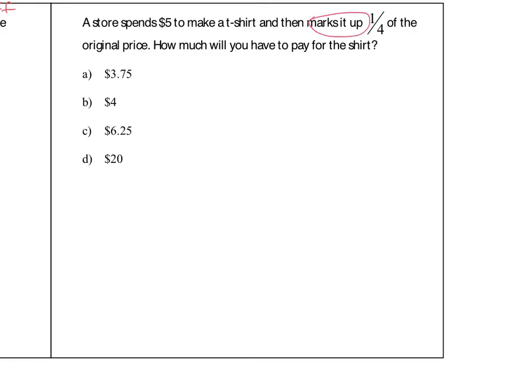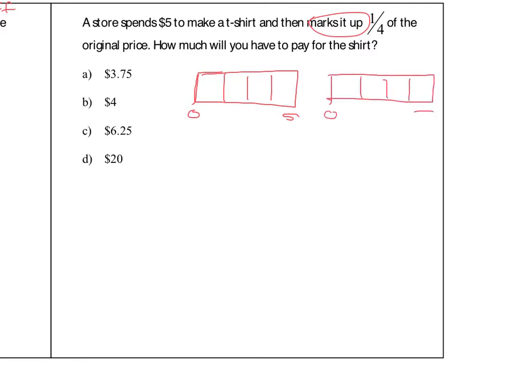Looking over here, the next one, we have a markup. So that means our diagram is going to involve two parts. We have the original $5, and we have an additional 1/4 of $5 added on.